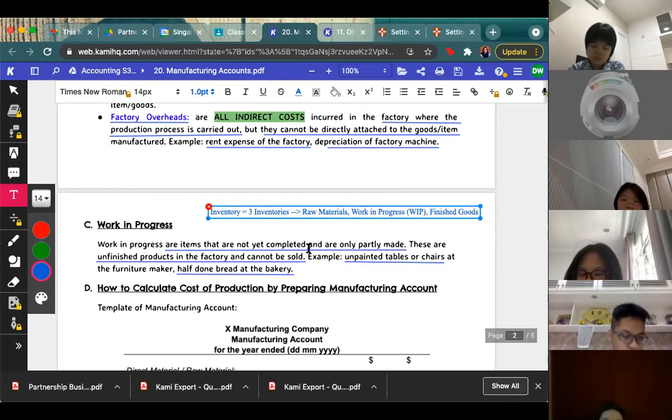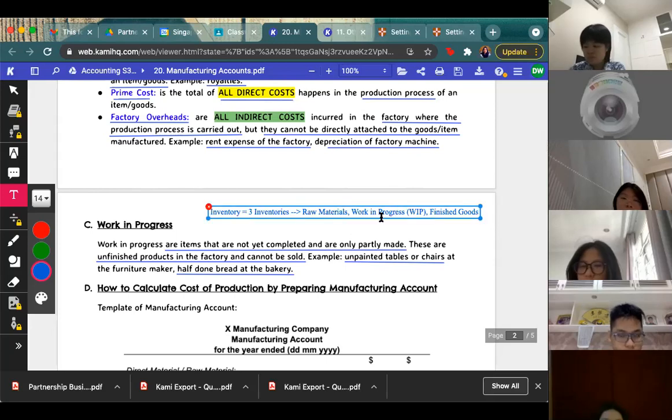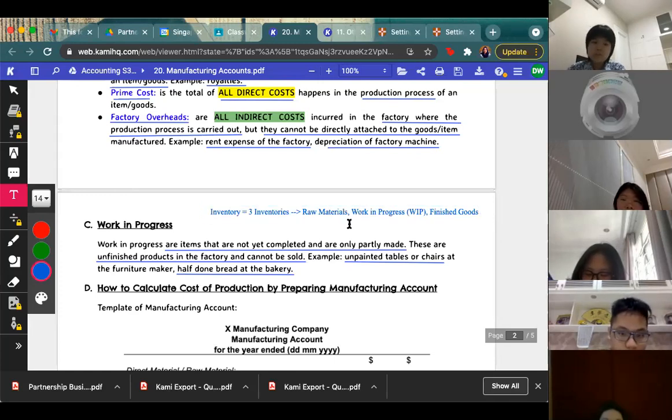Next. This work in progress will be included in the factory because they are still in the factory. It is not yet finished. Raw material and work in progress happen in the production process, means they are in the factory. Meanwhile, if it becomes the finished good, it then moves to office or warehouse because it no longer must be placed in the factory.